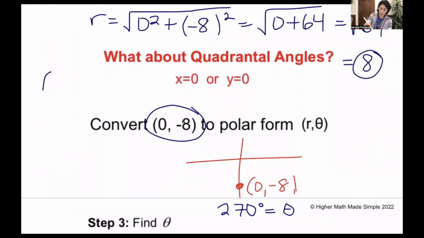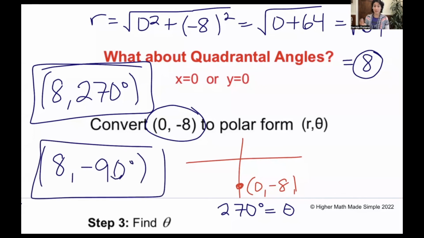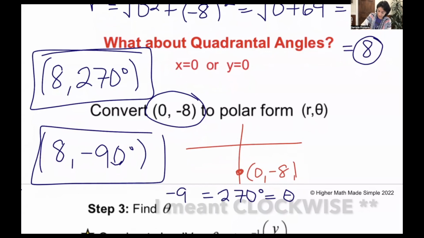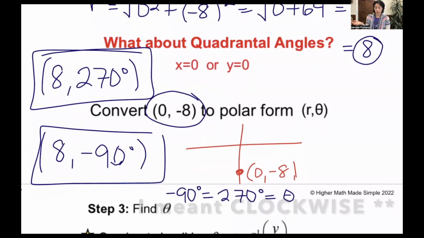So our polar coordinate would be (8, 270 degrees). Could we have also written down (8, -90 degrees)? Yeah, that's the same polar coordinate because -90 and 270 are coterminal, right? So 270 degrees counterclockwise would be the same thing as going 90 degrees clockwise, so we would put a negative. Either one of those would be fine.